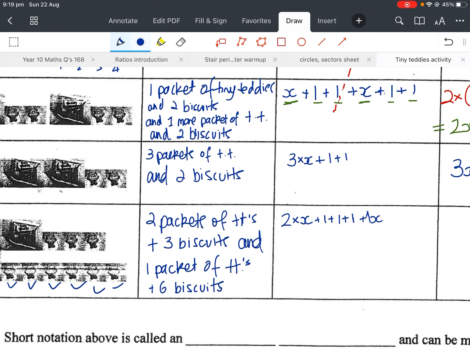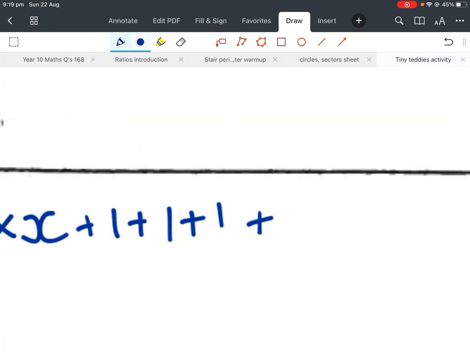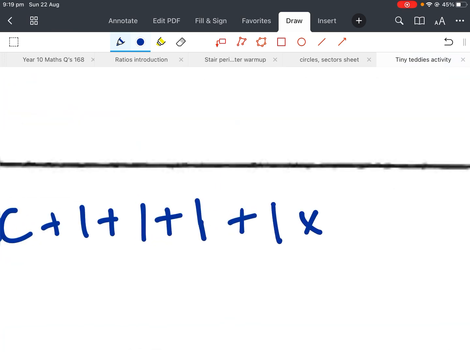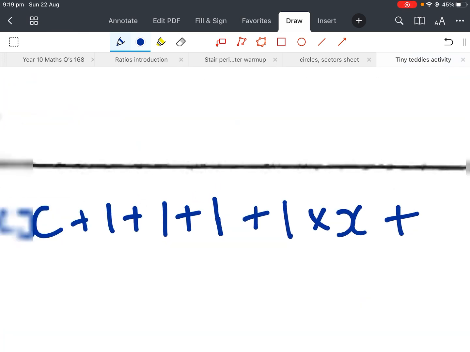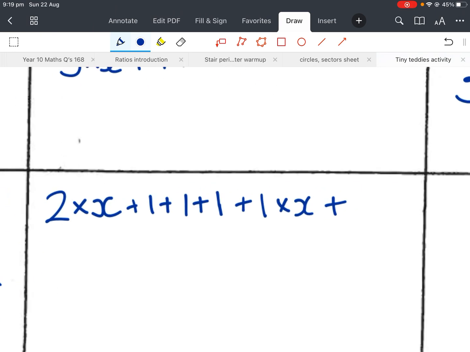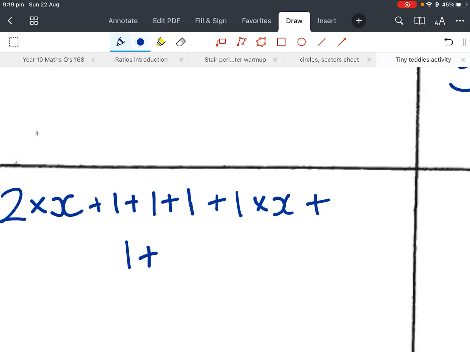I'll do that properly. Let's do that again. 1 times x plus 6 biscuits means, I'm going to write it down here because I'm running out of room, 1 plus 1 plus 1 plus 1 plus 1 plus 1.